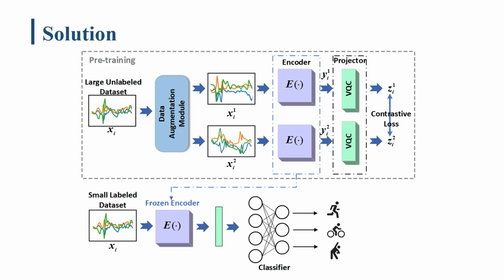This is our framework, which includes two stages. The first stage is pre-training. We use the unlabeled data set to train. You can see the first block is the traditional augmentation module, followed by the traditional encoder part. After that, we use a variational quantum circuit as the projection module instead of the traditional one.